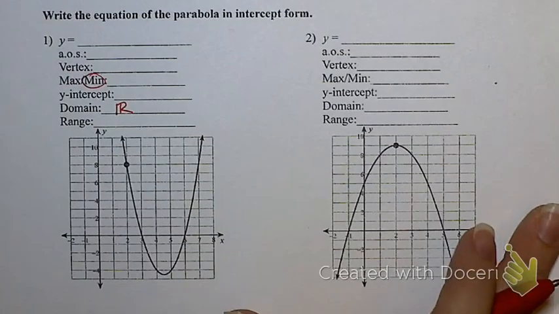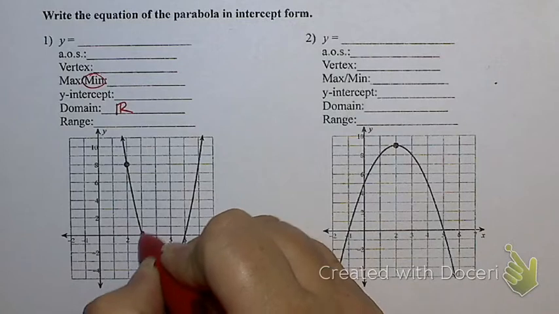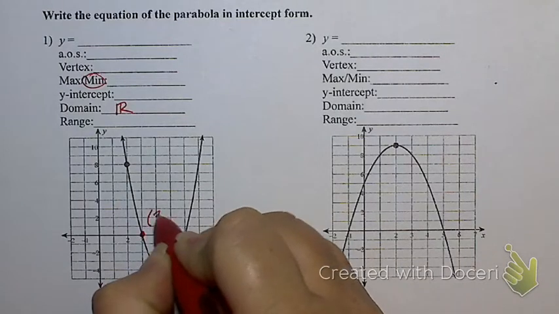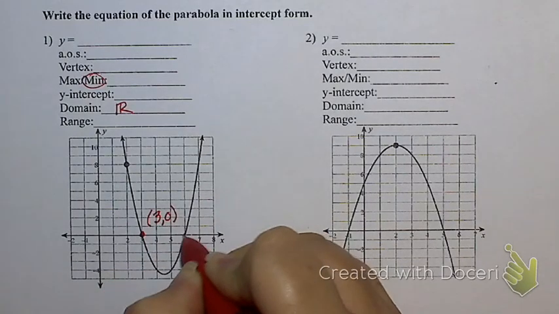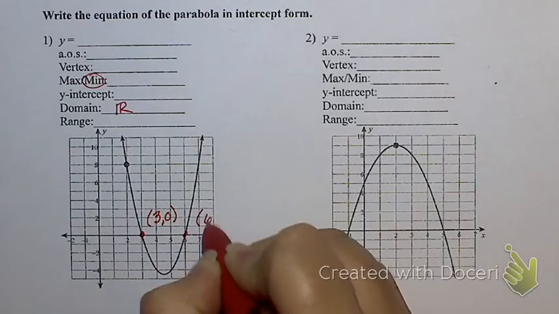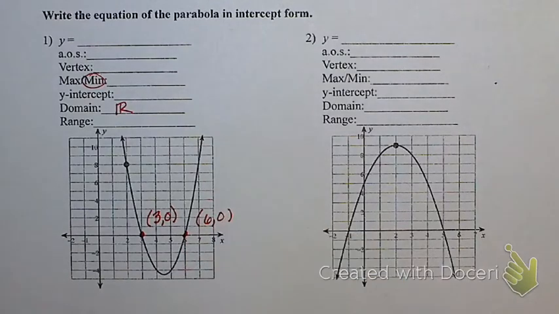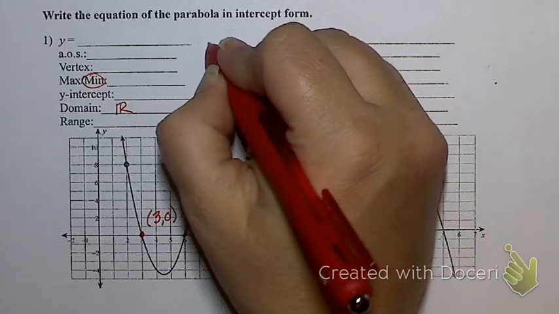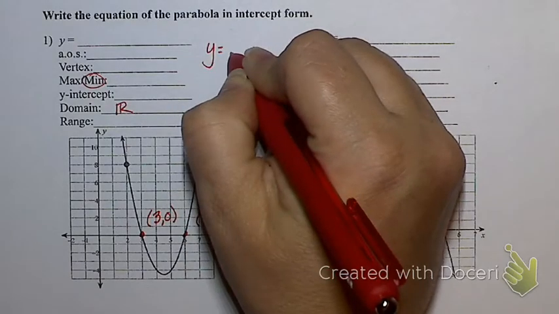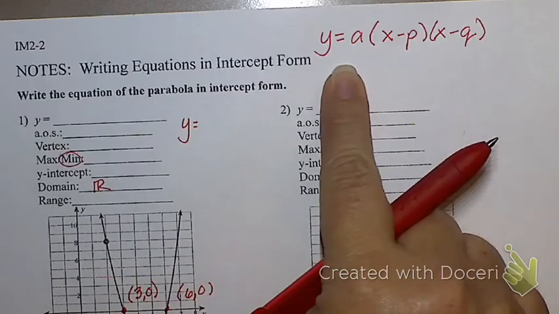Okay. Can I see what my x-intercepts are? Yes. I have one right there, which is the point (3, 0), and one right here, which is the point (6, 0). So I know that my equation is y equals something. I don't know what the a value is, right?